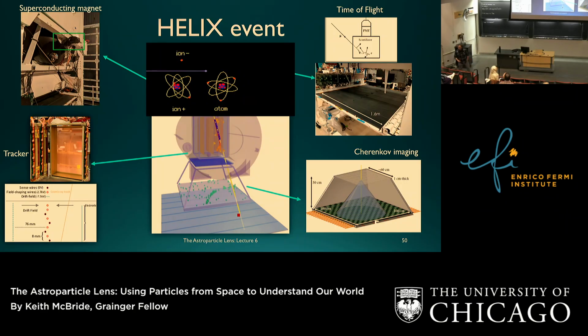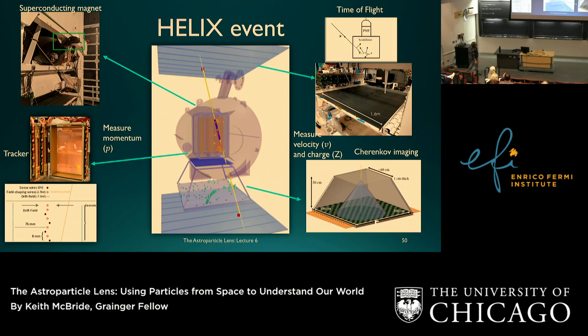So we use that fact to measure the ionization electrons that are knocked off from the cosmic ray traveling through the gas, and we measure that ionization with our high voltage drift field to make a measurement of where the particle was at what time. That tracks the particle through the magnet. So the tracker and magnet give us this momentum measurement. And then the combination of time of flight and ring imaging Cherenkov detector give us the velocity and the charge.